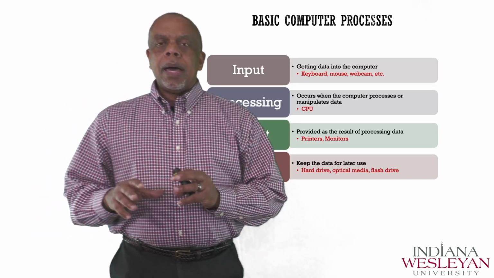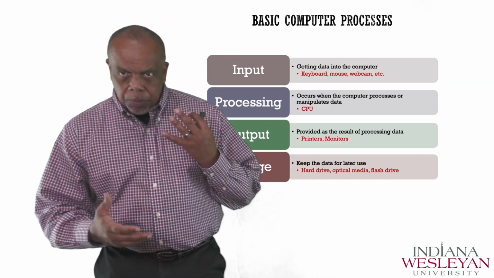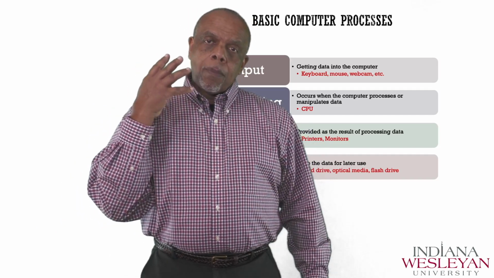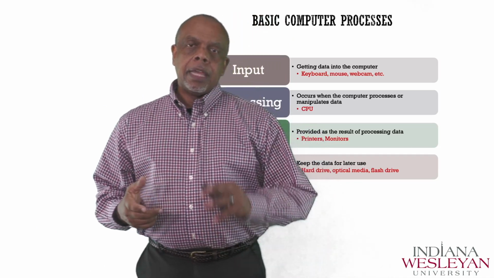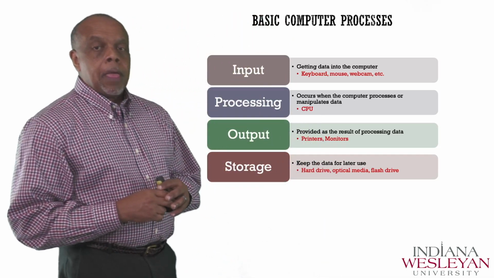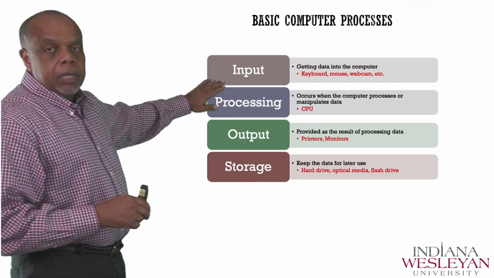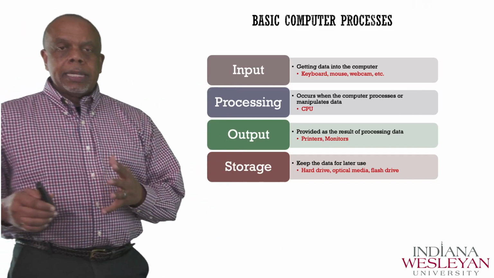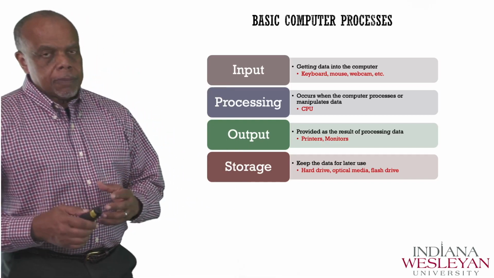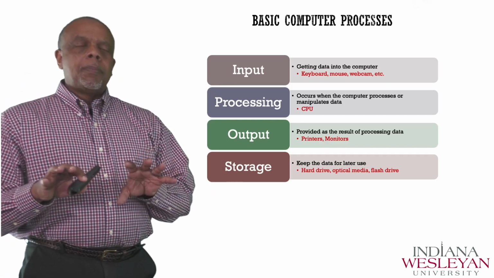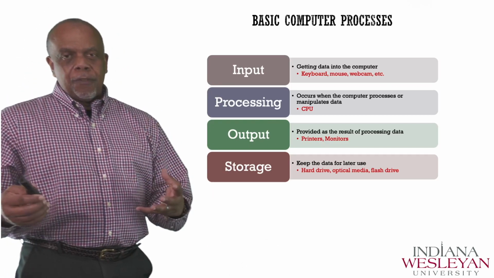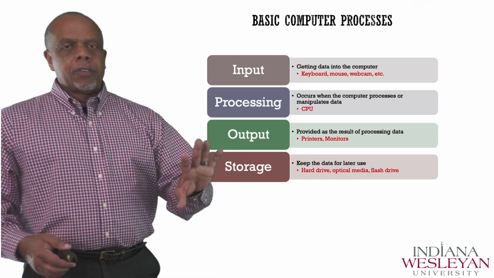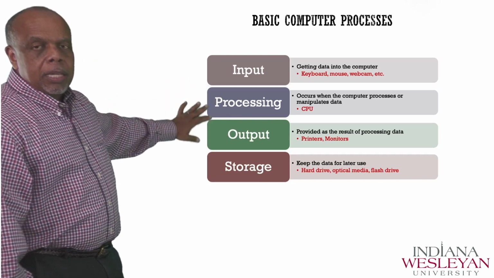So when we think about computing, right, a basic computer, let's talk about that basic computer. There are 4 basic processes that exist with your basic computer. What are we talking about? There's an input, processing, output, storage. So really any type of computing system, not really trying to get hung up on any specific system, whether a Windows or Mac OS or whatever, these are basic processes.